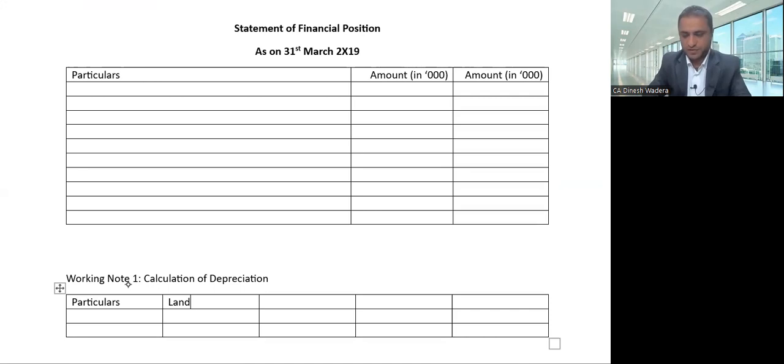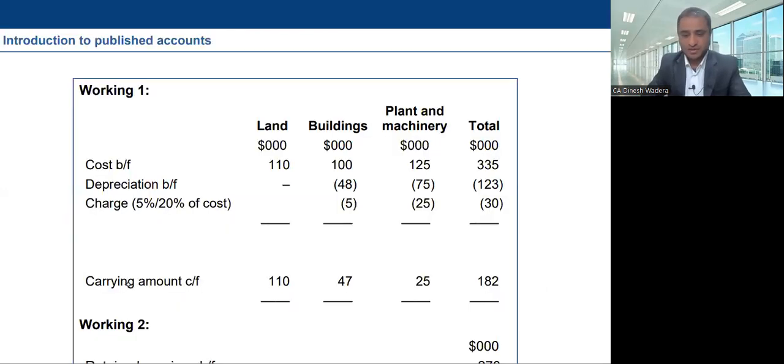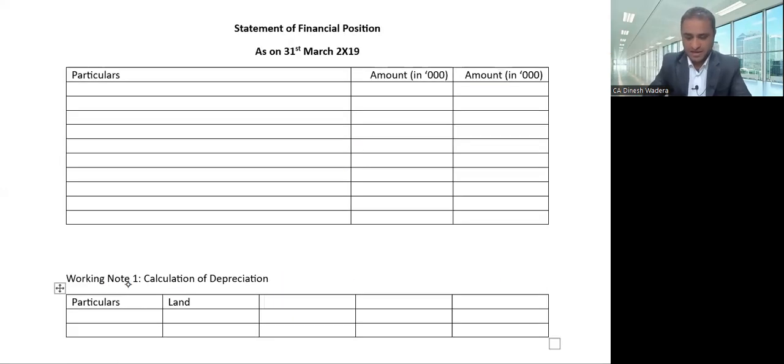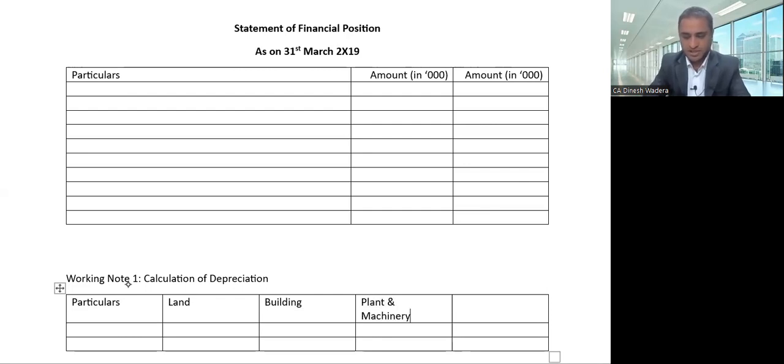We have land which will not be depreciated, but as it is a part of a non-current asset, let's mention it here. Then we have building and plant and machinery. And let's call this column total.